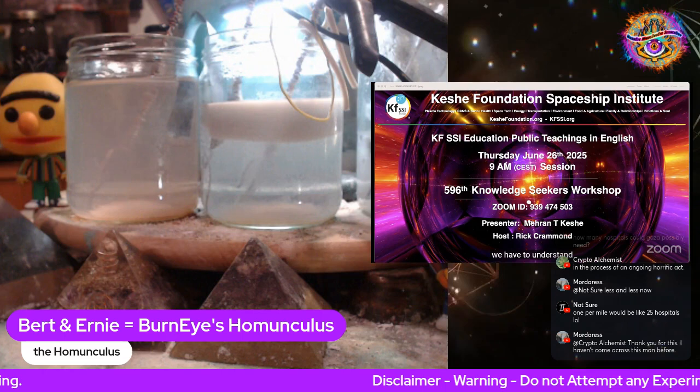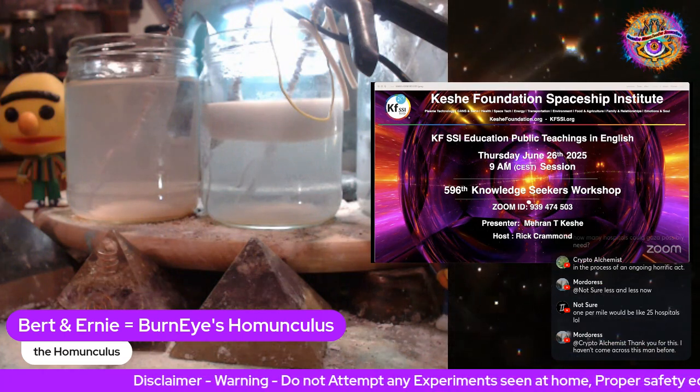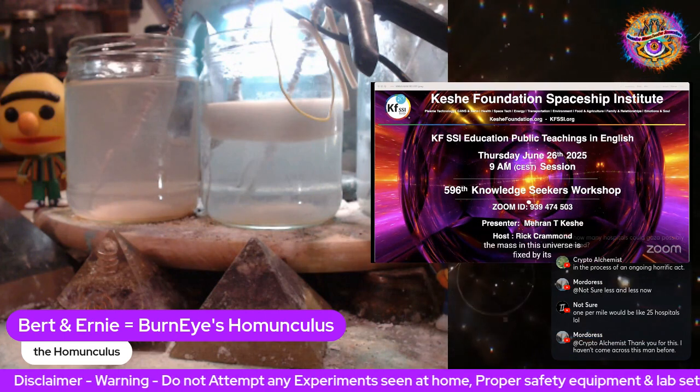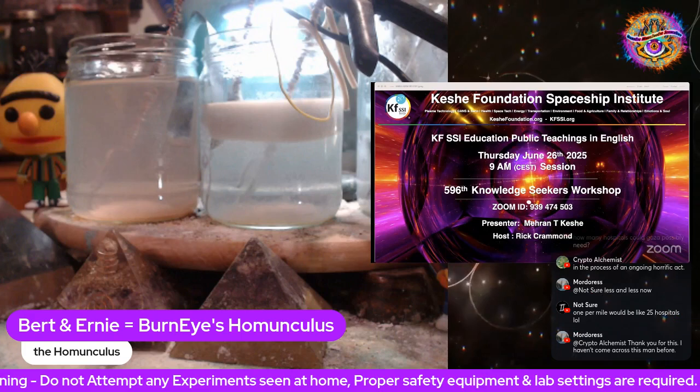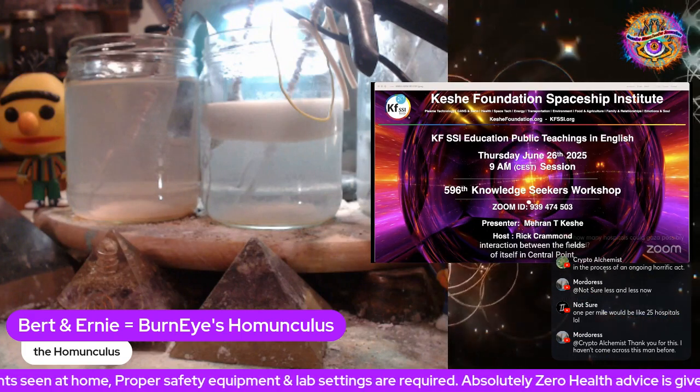This is what we have to understand. The mass in this universe is fixed by its interaction between the fields of itself in central point.